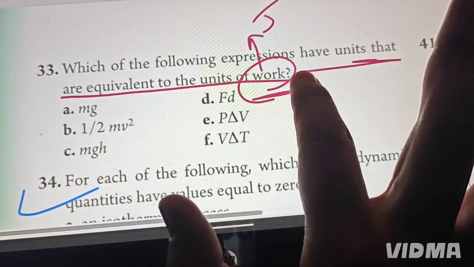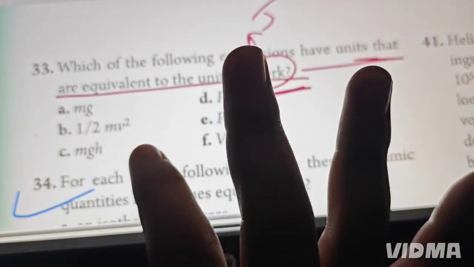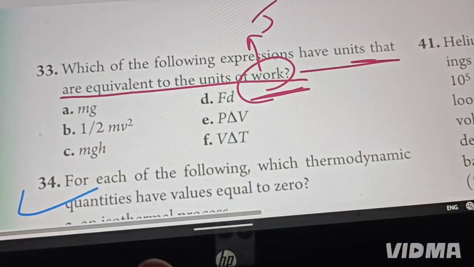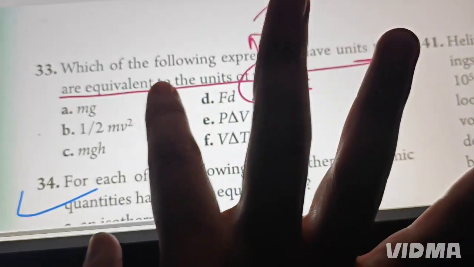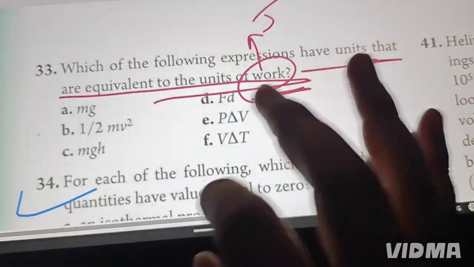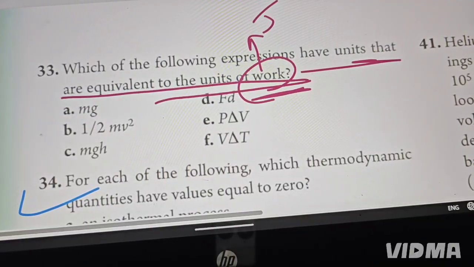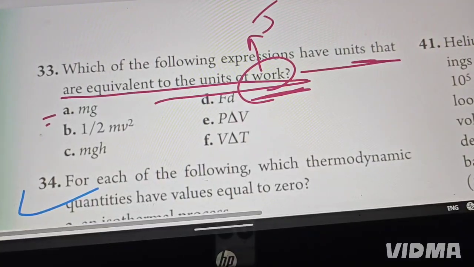First of all, you should know the unit of work is joule. Which of the parts have units equal to joule? Let me check part A. In part A we have mg.